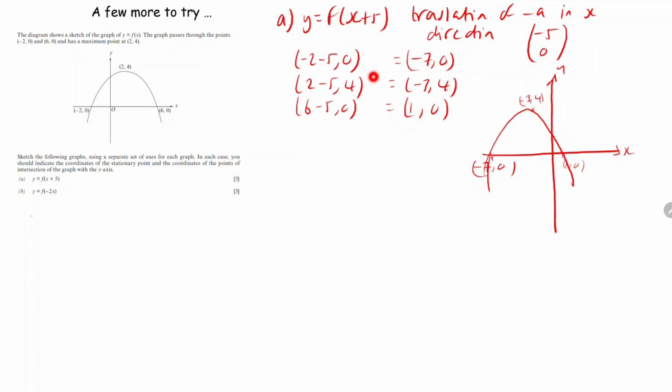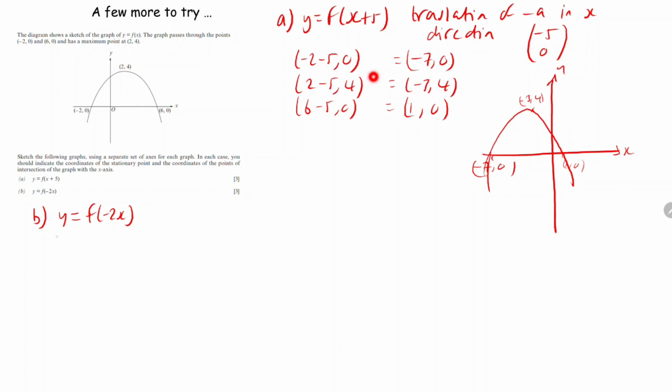Okay, right, for part B, a bit more going on with this one because there's two transformations. So we've got y equals f of minus 2x. The first transformation to deal with is probably the 2, okay?